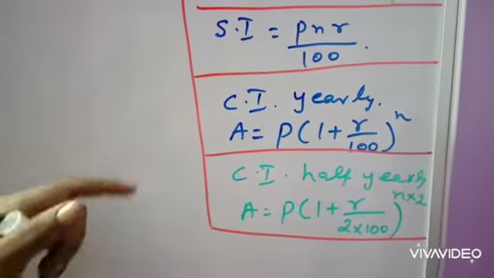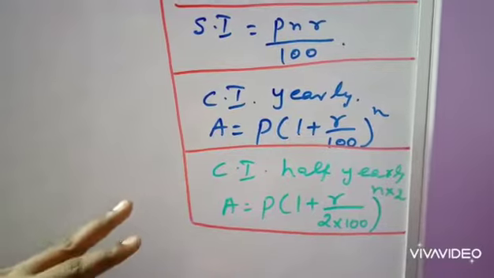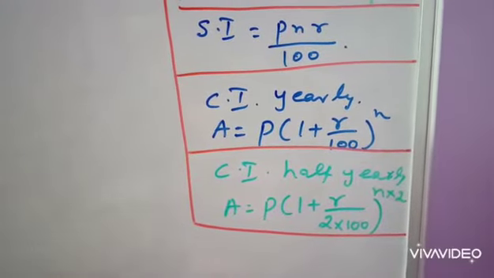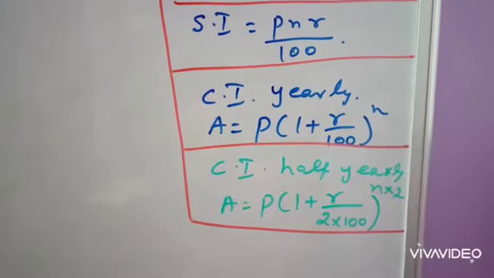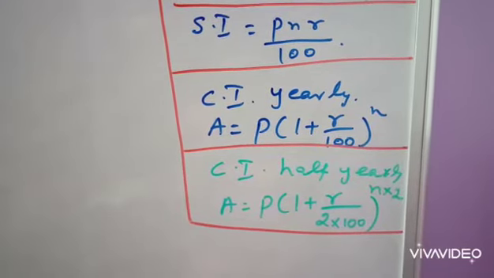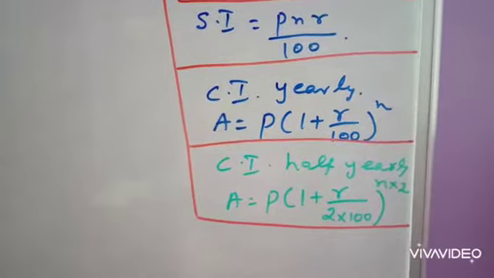For yearly calculation, amount equal to P into (1 plus R by 100) power n. Next, for half yearly calculation, amount equal to P into (1 plus R by 2 into 100) power n into 2. First we will calculate the simple interest.